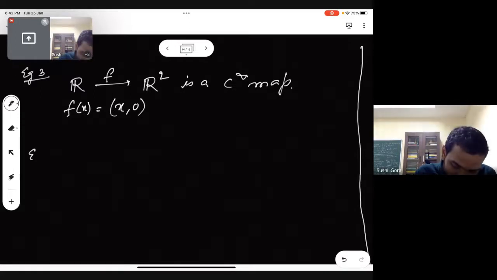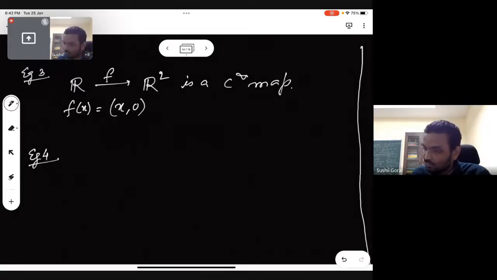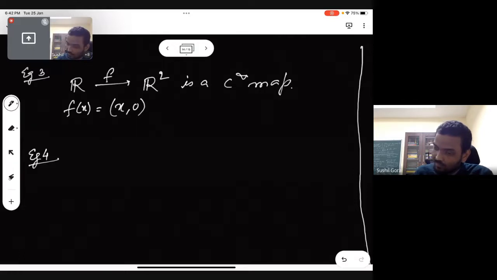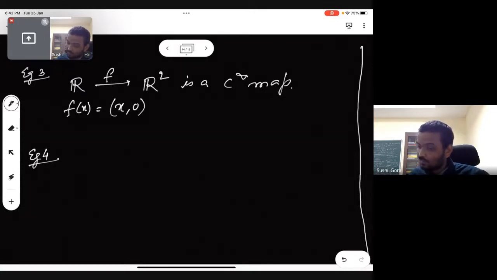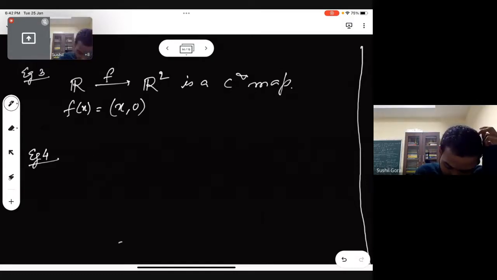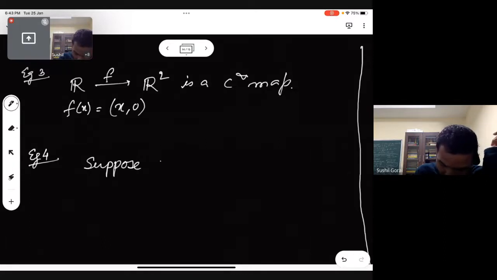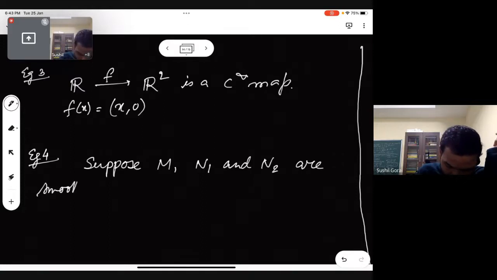Well, let's go to the analog of this one. Suppose M, N1 and N2 are smooth manifolds.